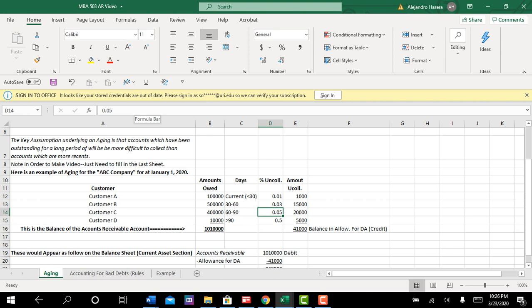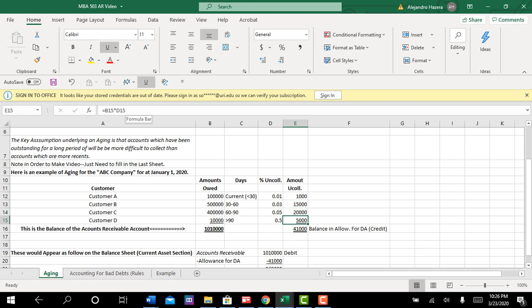And as I've shown before, if you take the $400,000, which is the total amount they owe on accounts receivable, and multiply it times the 5% estimate that we believe will not be collected, then the amount non-collectible will be 400,000 times 5%, or 20,000.